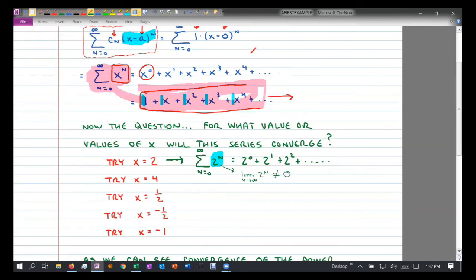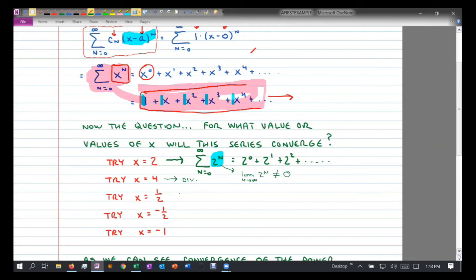Divergence. So this is a divergent series, but I have to plug 2 in to determine it's divergent. What would happen if I plugged in 4? If I replace the x with 4, what would happen to that series? It would diverge also, right? I'm just going to put diverge. Same reason it diverged at 2.